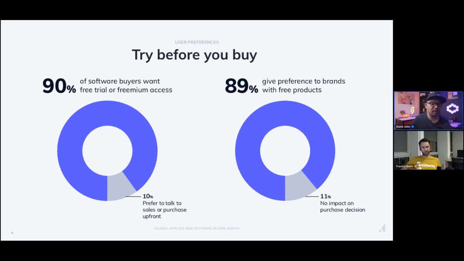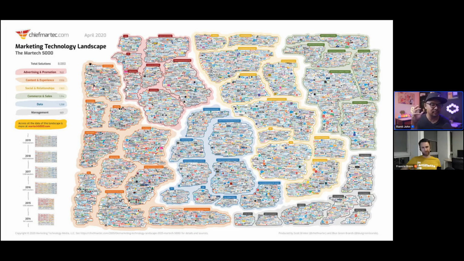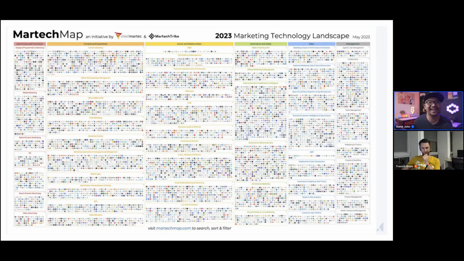The challenge for us in the software space is that there's more competition in technology. This is what the marketing tech landscape looked like in 2020. It looks very daunting and confusing. I can barely see any logos. But this is what it looks like three years after. Look how small that is. It went from barely seeing the logos to looking like you're up high looking at ants.